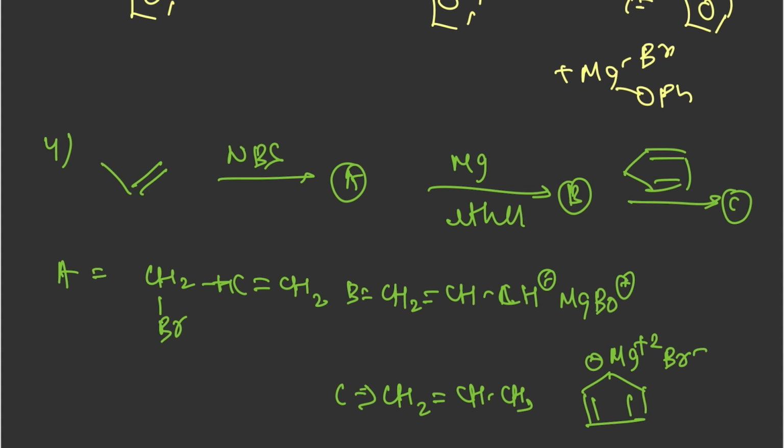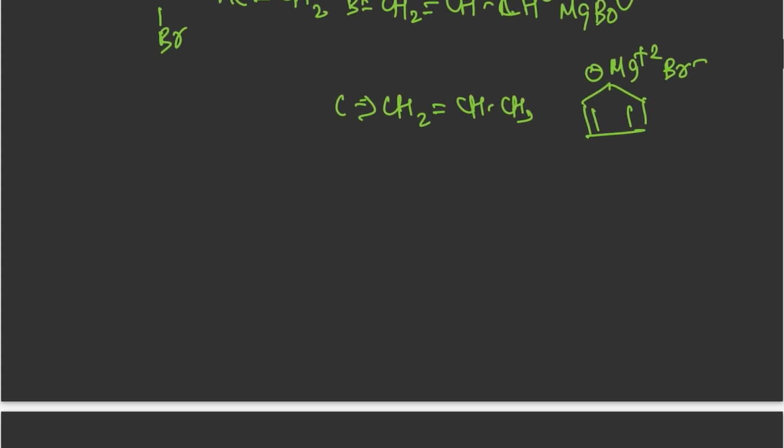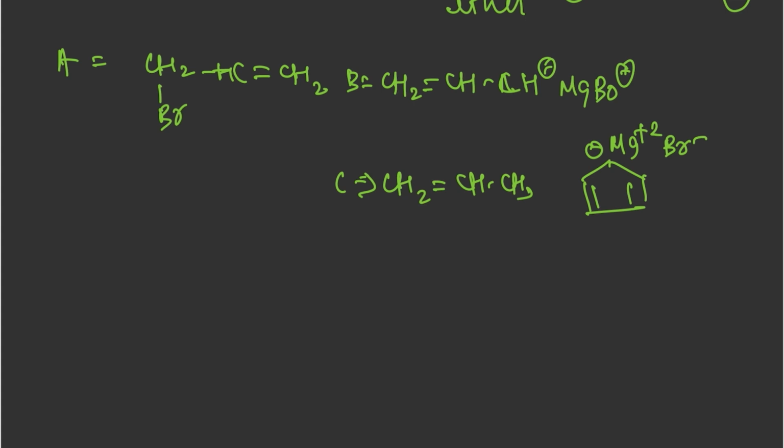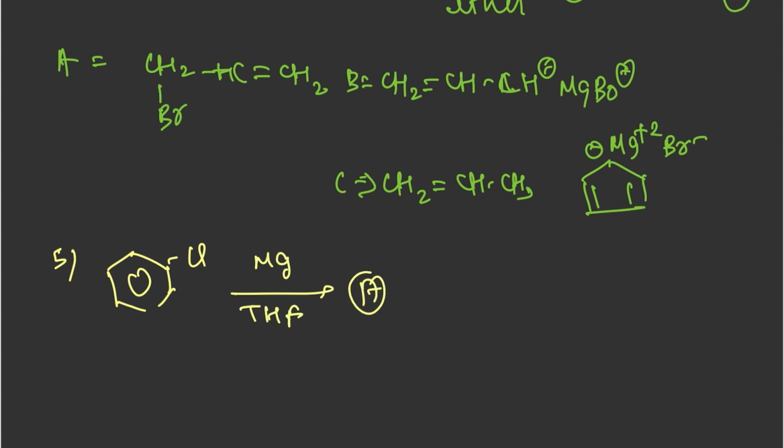Now let's talk about the fifth problem. Chlorobenzene reacts with magnesium in tetrahydrofuran. A will form, and it will react with D2O, and B will form. When magnesium reacts with THF, it will form PhMgCl. When it reacts with D2O, it will form benzene with a deuterium plus MgClOD.